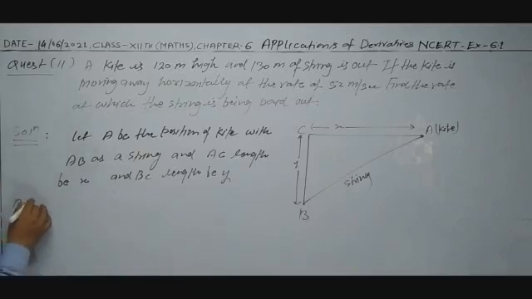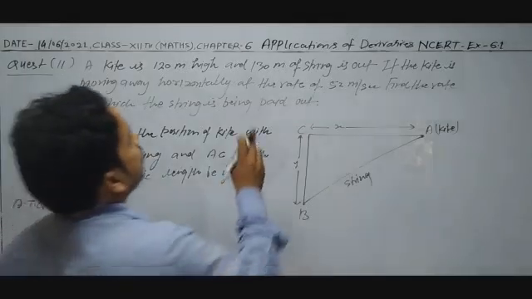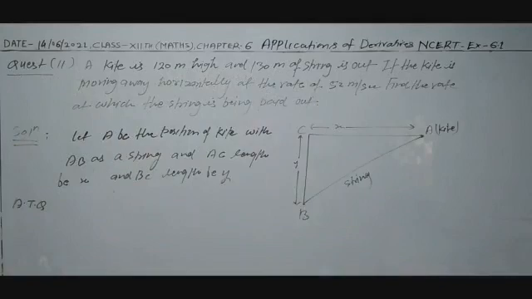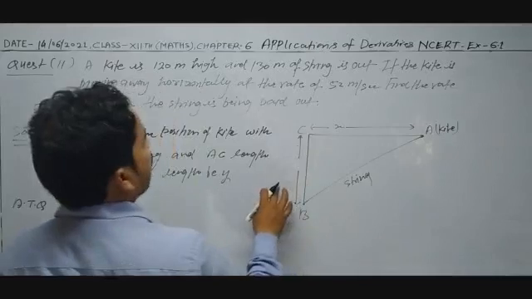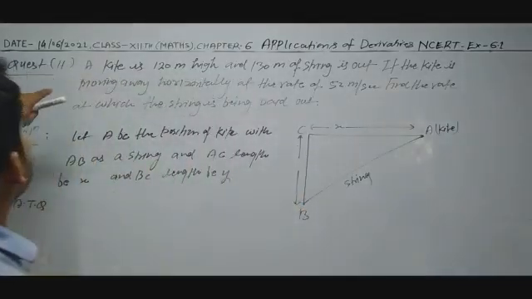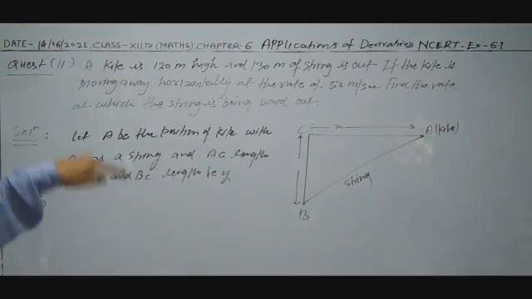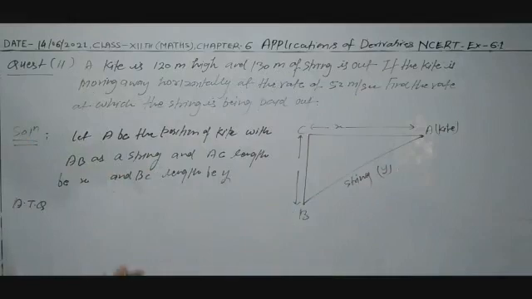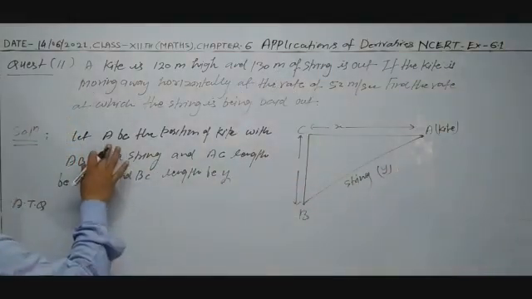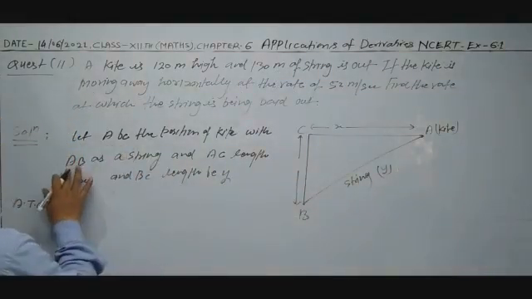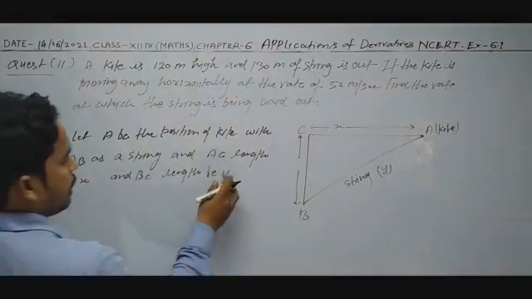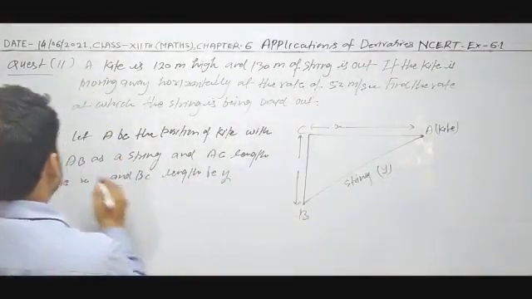According to the question, 130 meter means the length of the string is 130 meter, so suppose y, because the vertical height is given already. The kite is 120 meter high. Consider AB as the string, of length y.